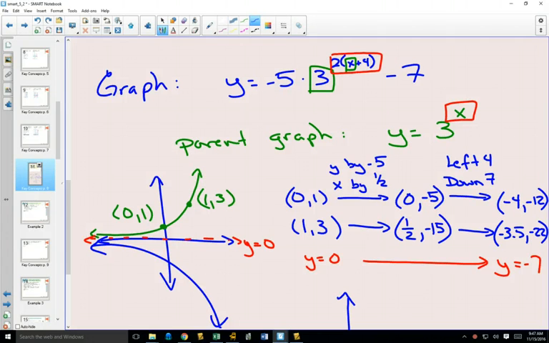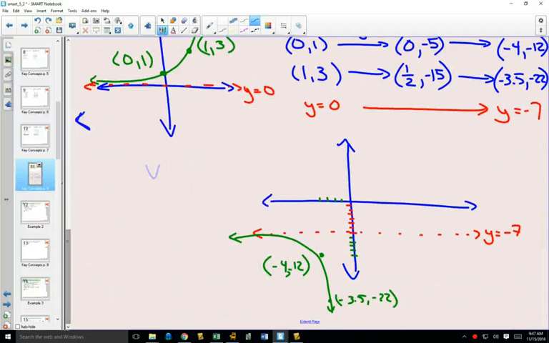Then you're going to also compress it by a half, so that'll maybe make it even steeper than it was before. Finally, it's going to get moved 4 to the left and down 7. So our final graph, well, those are beautiful arrowheads, should look something like this, which seems to match up with what we've graphed.